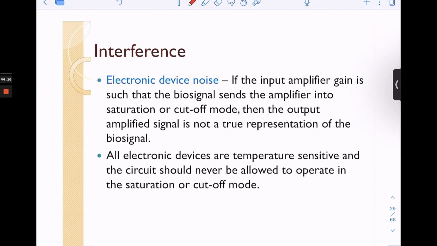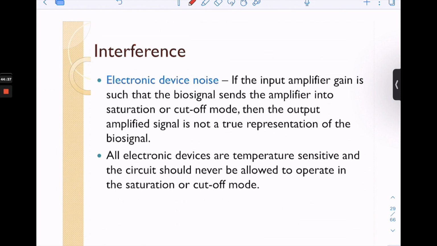But we must select a suitable component so that it can operate in normal conditions without going to the saturation or cut-off mode.